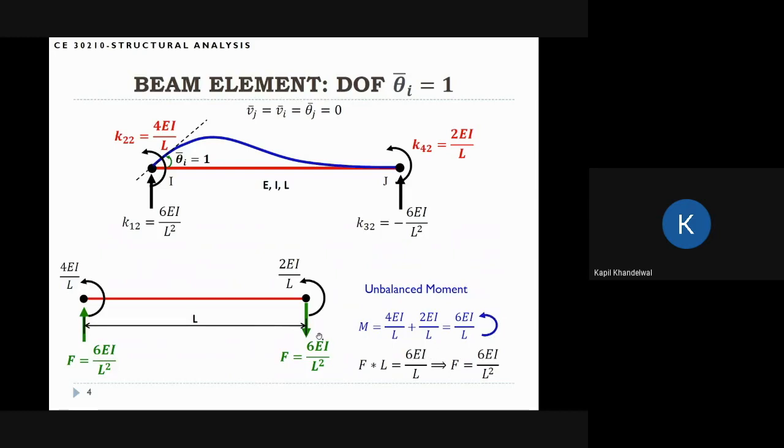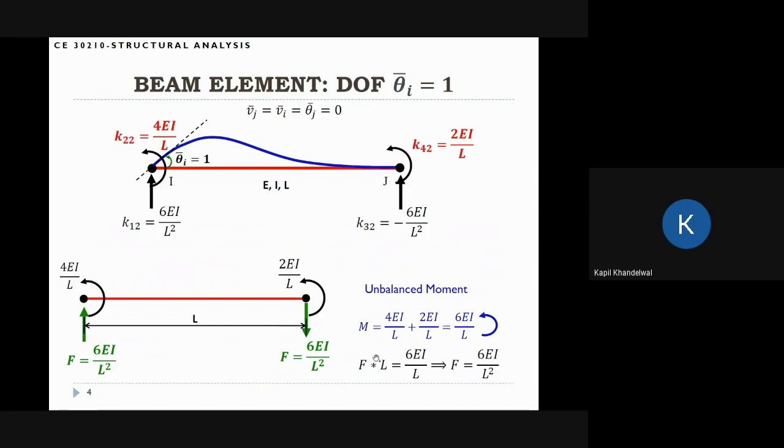To balance this moment, we have to apply some forces. Whatever force system we apply should create a moment in the clockwise direction, because this moment is in the anti-clockwise direction. So this is the force system I'm applying to create a moment in the clockwise direction.